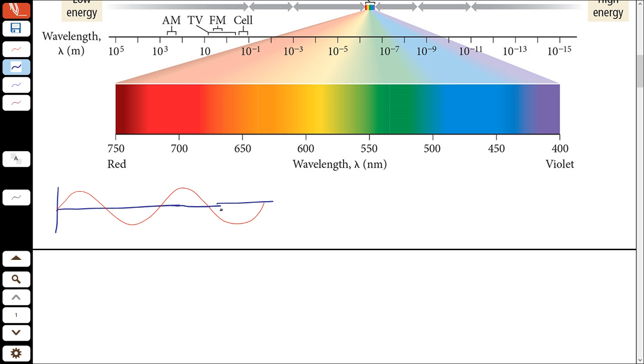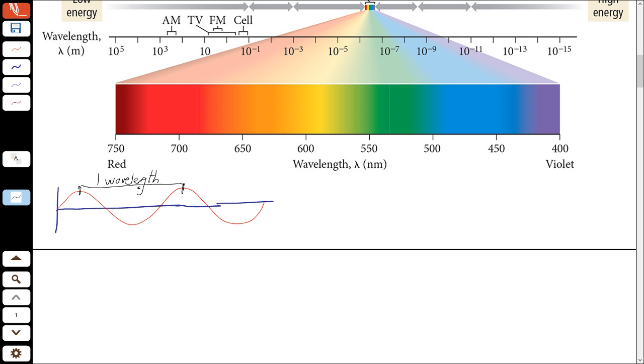So like in this case, with this wave, we might say that this is one wavelength. All right, the Greek letter lambda is used to represent wavelength. And so the larger the wavelength is, the more spread out those wave crests are.